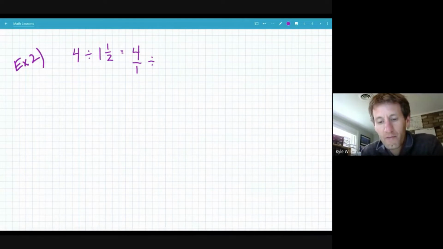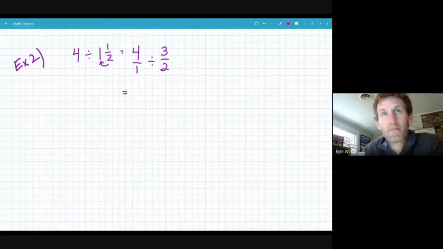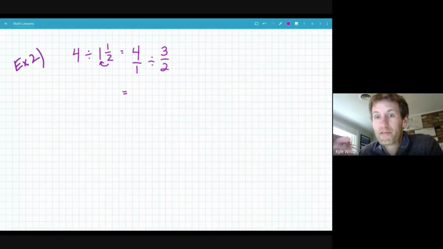But I know that 2 times 1 is 2, and 2 plus 1 is 3. So it's 3/2. So not only have I converted it, my next step is also going to make me find the reciprocal of it. It's really important to slow down when you get to these steps, because they're really easy to mix up. The math isn't hard. The steps are what can get a little bit tricky.